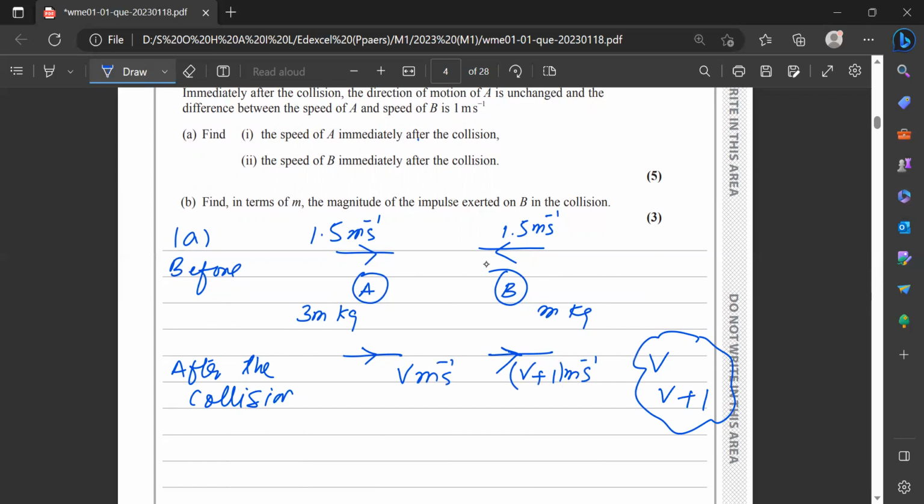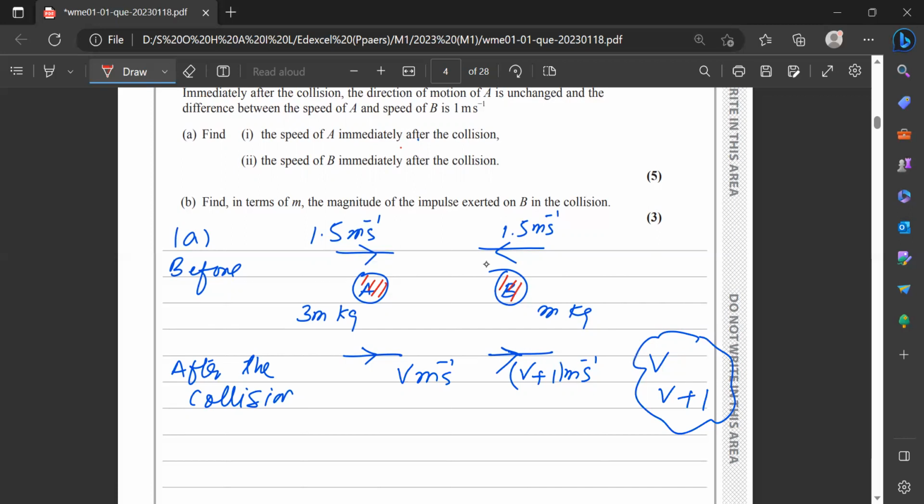So the point is, why can't we take, so these were the two particles, A and B. You can't take V plus 1 for A, because if V plus 1 is the speed of A after the collision, then that makes no sense, because the particle which is ahead is moving with V, and the one coming from behind is V plus 1, so obviously they will collide again.